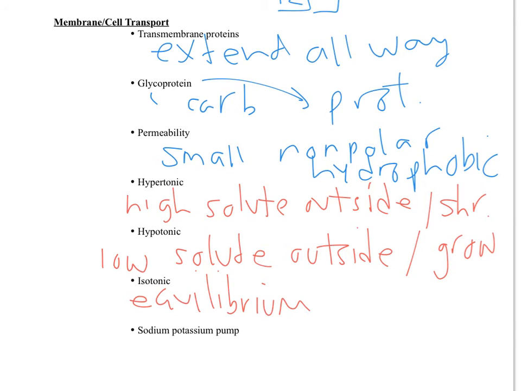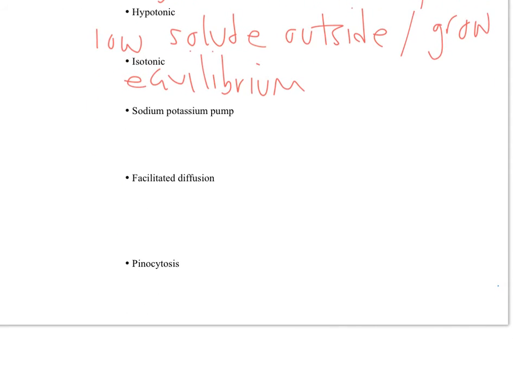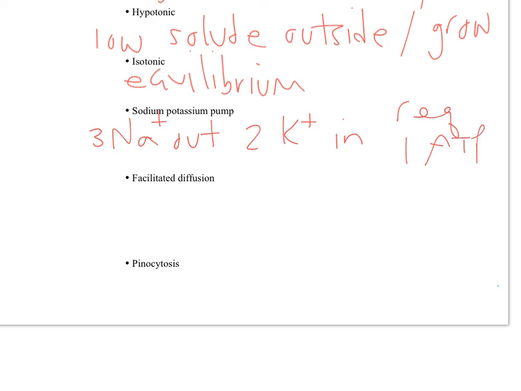For the sodium-potassium pump, you have to know numbers and directions. You have 3 sodium ions that go out, 2 potassium ions that go in, and this requires 1 molecule of ATP. This is a form of active transport.